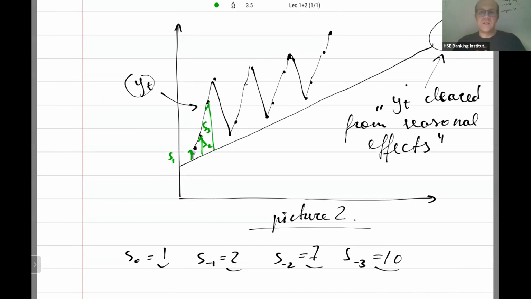So to avoid such non-interpretable LT, and to have a good interpretation of LT as YT cleared from seasonal effects, LT is basically just a trend. So to have a good interpretation, we start with initial S0, S-1, S-2, S-3 that add up to 0. Okay, that is clear.